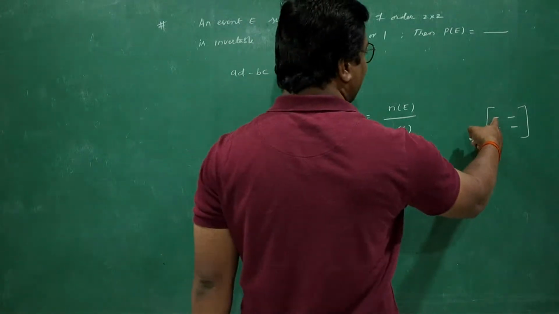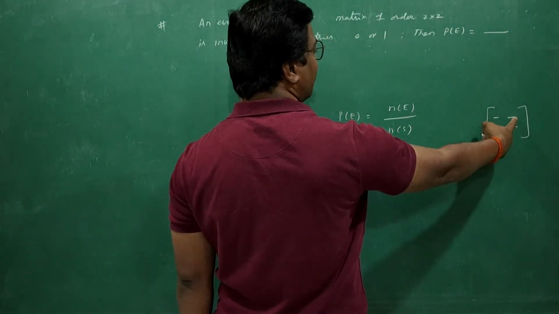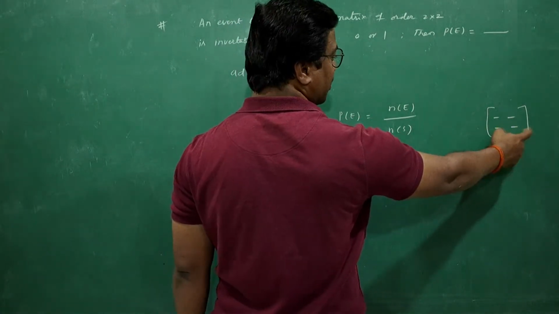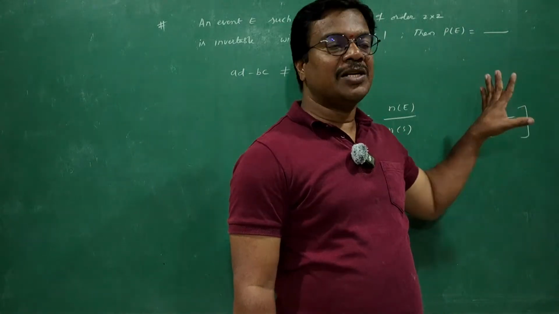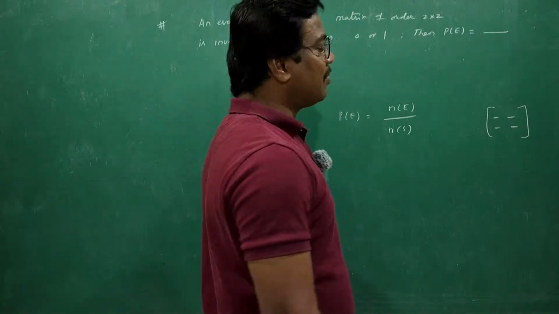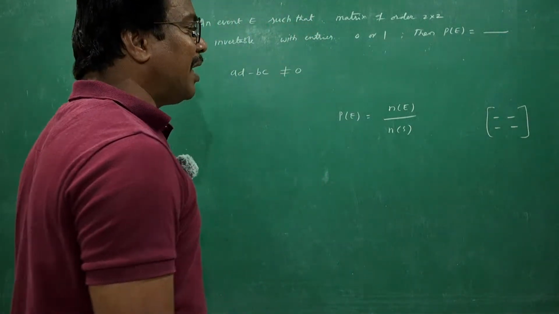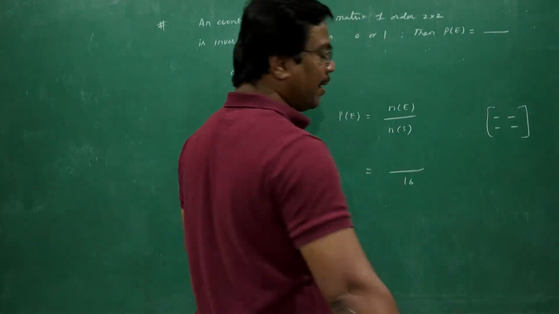The first blank can be filled in 2 ways, the second blank 2 ways, and so on. So filling these 4 blanks with 0 or 1, how many chances? 2, 2, 2, 2, multiplication of 2 multiplied 4 times. It gives the result 16 in the denominator.